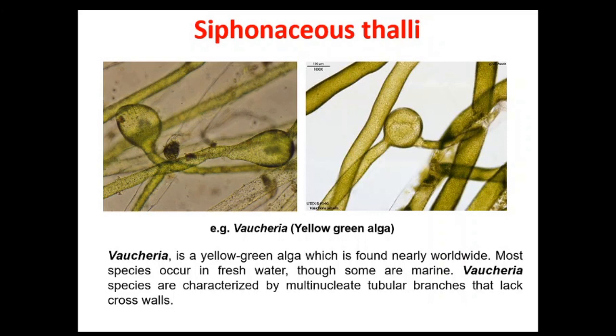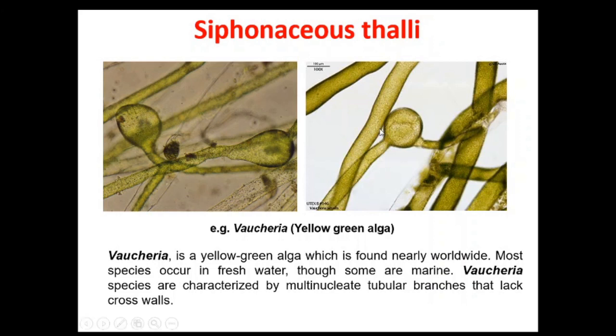The example of a siphonaceous form is Vaucheria, which is from the yellow-green algae, that is Xanthophyceae. Vaucheria is a yellow-green alga which is found nearly worldwide. Most species occur in freshwater, although some are marine. Vaucheria species are characterized by multinucleate tubular branches that lack cross walls.